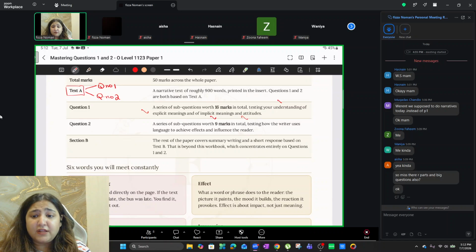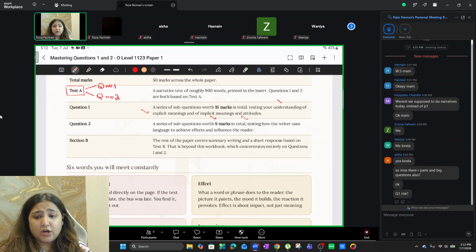Whatever parts there are, they're either going to be a 1 marker, a 2 marker or a 3 marker. Not more than that. There will be no 4 marker question, no 5 marker, no 6 marker, and so on. Okay? Good to go? Have you understood this? Chalo. Question 2 is the same as well. The only difference is the kind of questions and statements that we come across in both these questions.